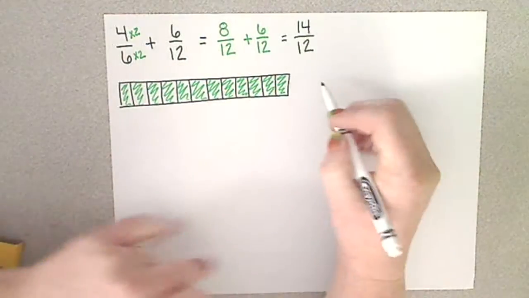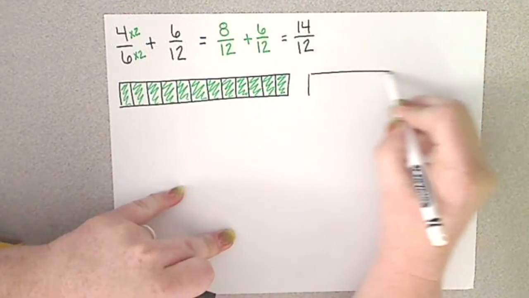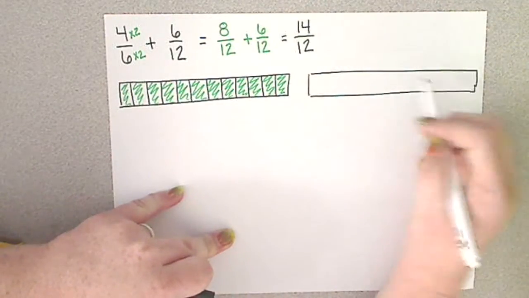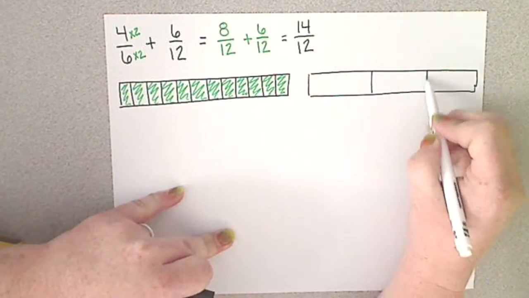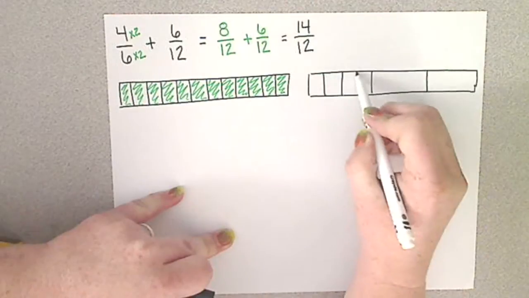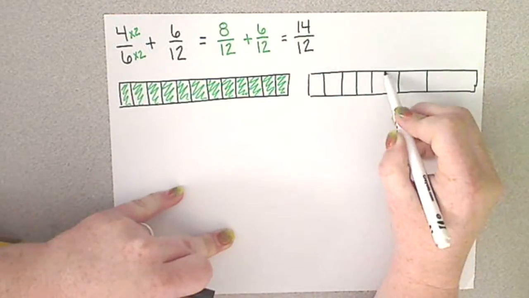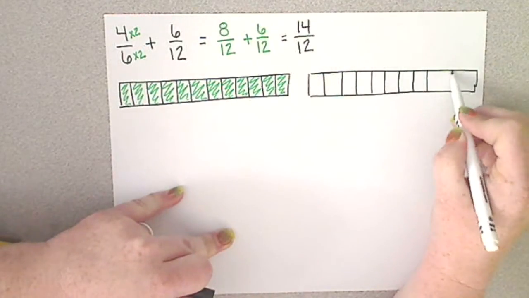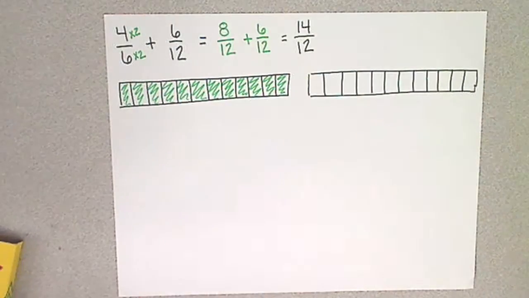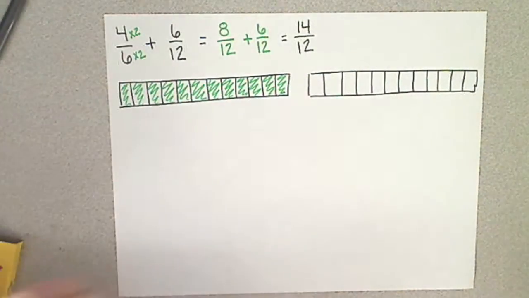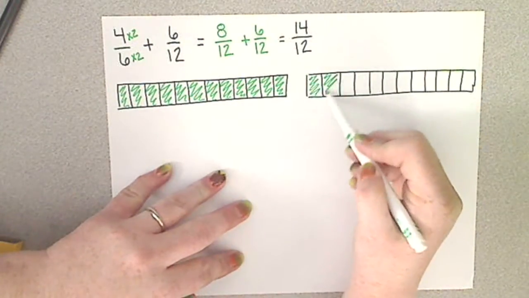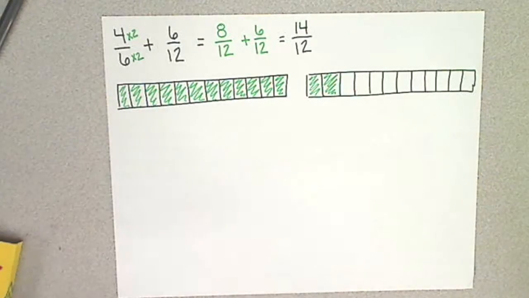That means that I'm going to need another fraction bar with 12 pieces. Split it into thirds, split each third into fourths. Now remember, when you're drawing fraction bars by hand, you're not going to get them perfect. It's okay. So that was 12, and now I have 13 and 14.